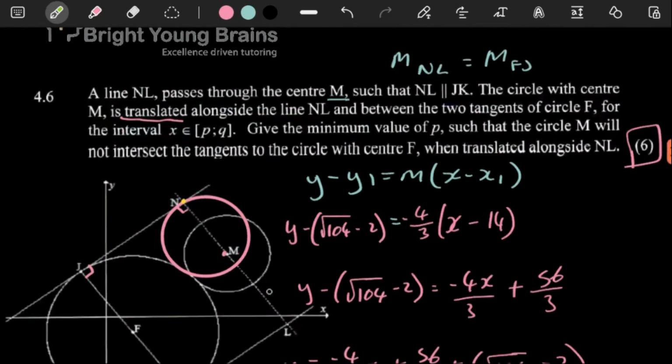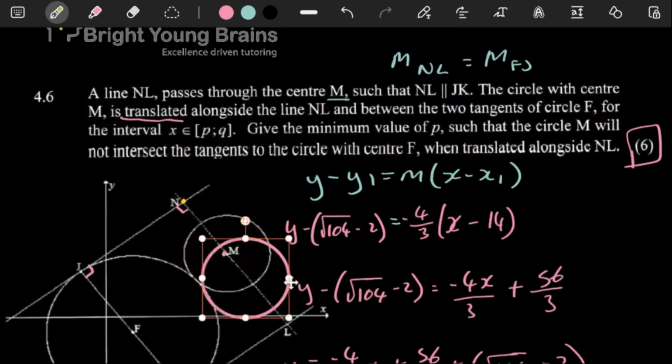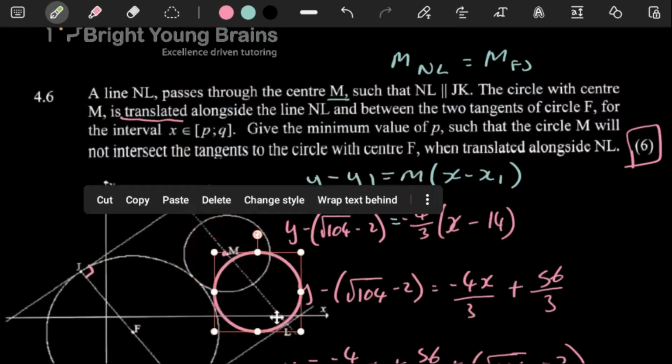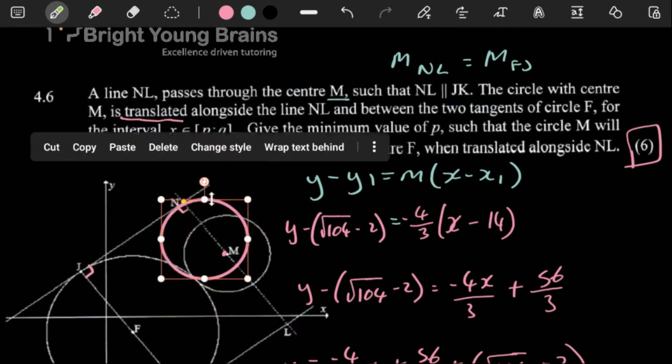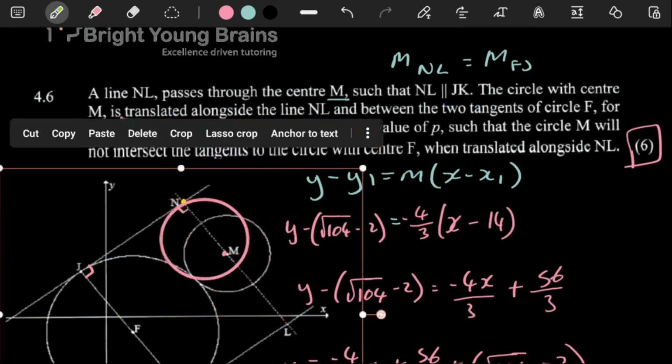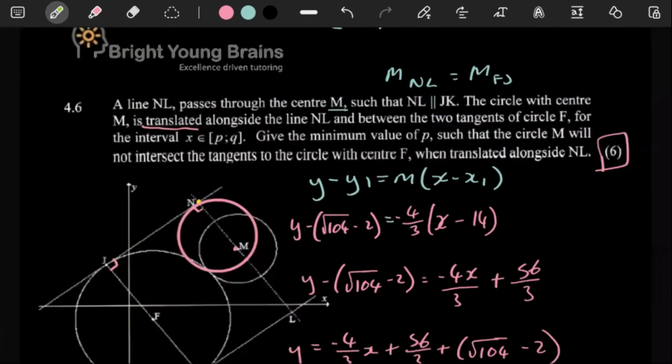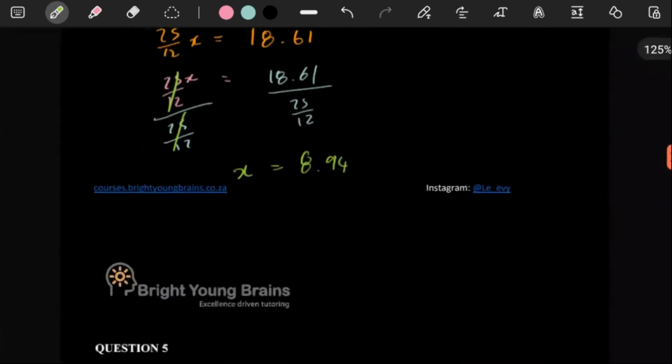If you move it towards this other side here, the highest x value where this line would be between your tangents would be whatever this x value is over there. So this question is quite strange. Let's not lie, it is weird, and it's not fun at all. But hey, we're done now, so let's move on.